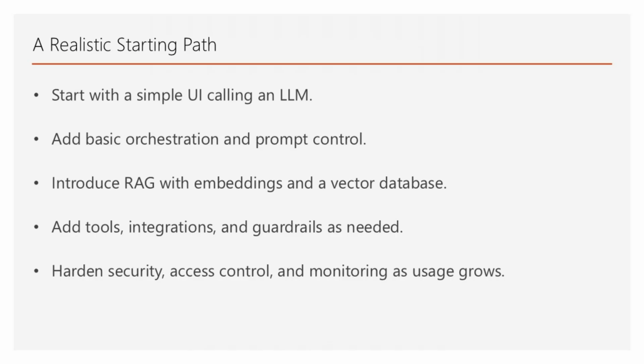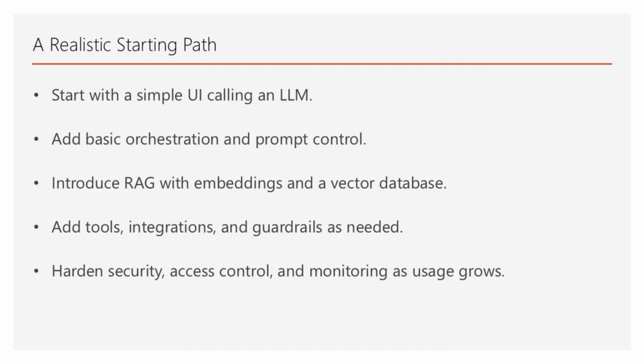Once that foundation is stable, you add RAG by introducing embeddings, a vector database, and retrieval logic. After that, you can extend the system with tools, integrations, and stronger guardrails. Throughout this evolution, security and access control should already be present, and they are progressively hardened as the system moves closer to production.